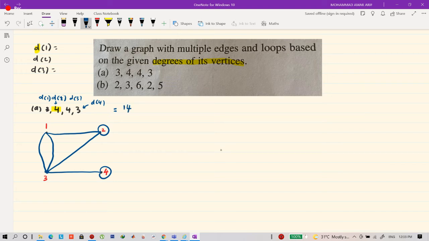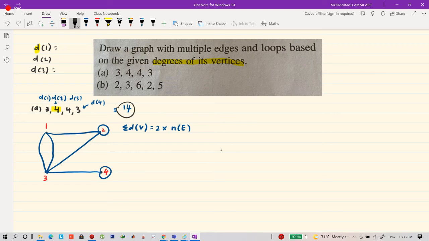So if you want to double confirm, you can use the formula as well. The sum of degrees of vertices equals 2 times the number of edges. So now try to find your number of edges. The number of edges, meaning your paths, must be 7. Why 7? You already know this is 14.